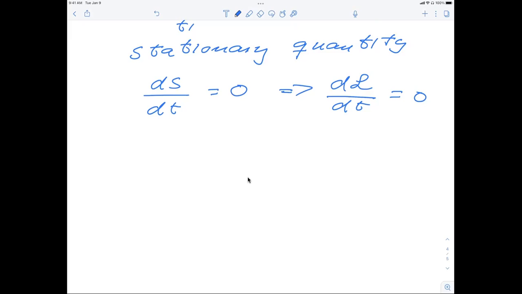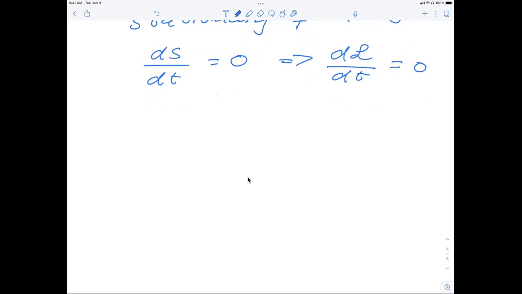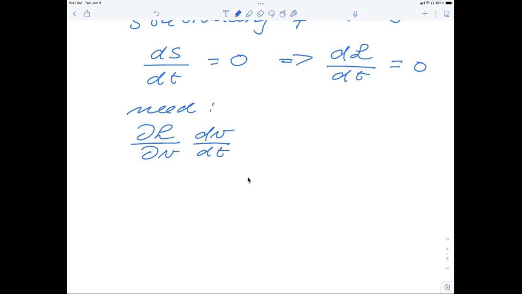If we do that, we need some small mathematical manipulations. We need to take dL, since we now have a dependence on time for the velocity and the position. So we need dv/dt, and we also need the partial derivative with respect to x, times dx/dt.